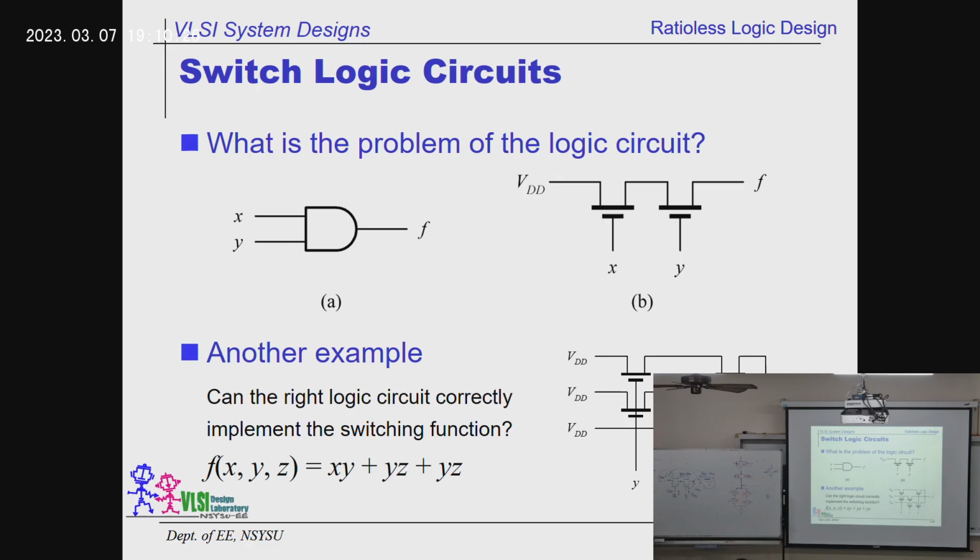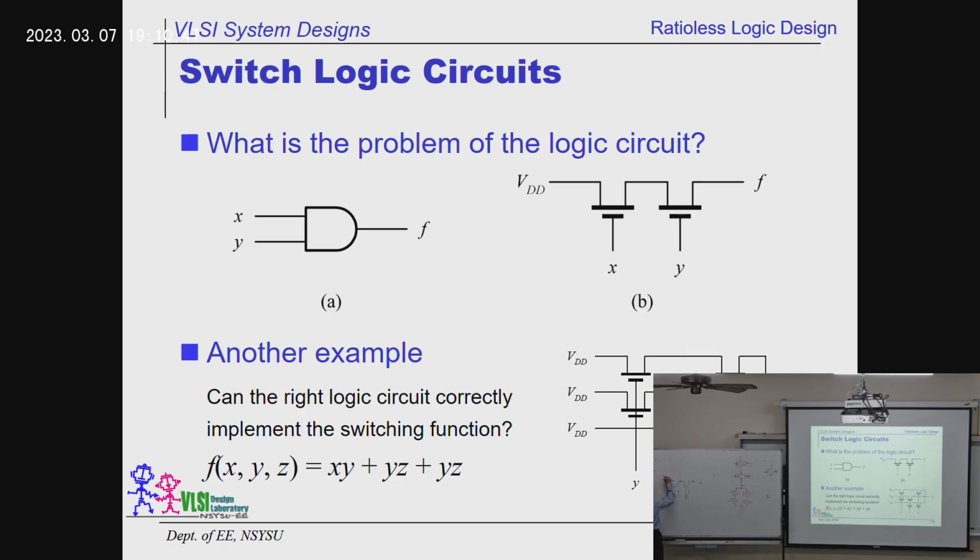The second thing is even worse. Logically speaking, this is not right. Check this out. Let's assume the initial condition: you have a 1 and a 1.